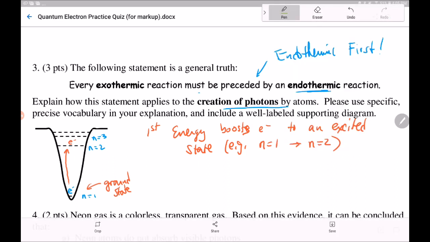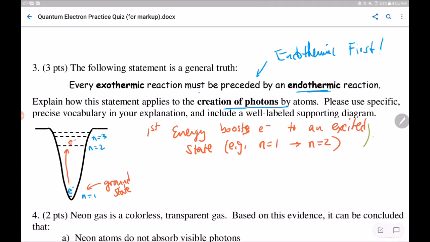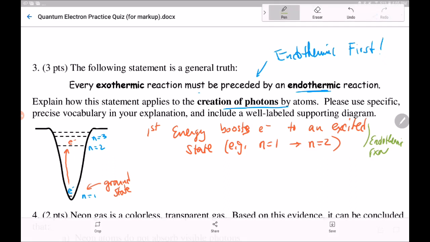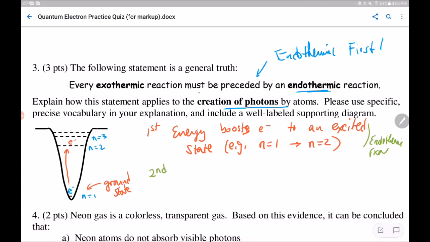That's not a creation of a photon yet. After the electron is excited, that's the endothermic part. Then, second, the electron can fall, and that would be here, falling back to ground state.